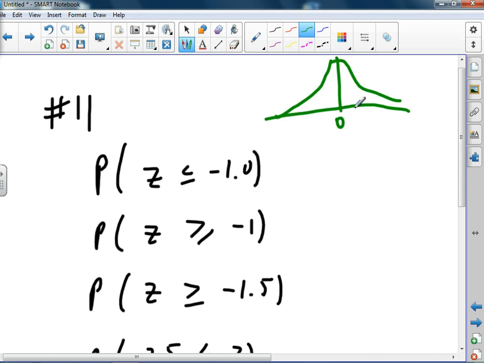there's 0, there's 1 standard deviation, 2 standard deviations, 3 standard deviations. So on the outside of 3 standard deviations, I would have 0.0035%.